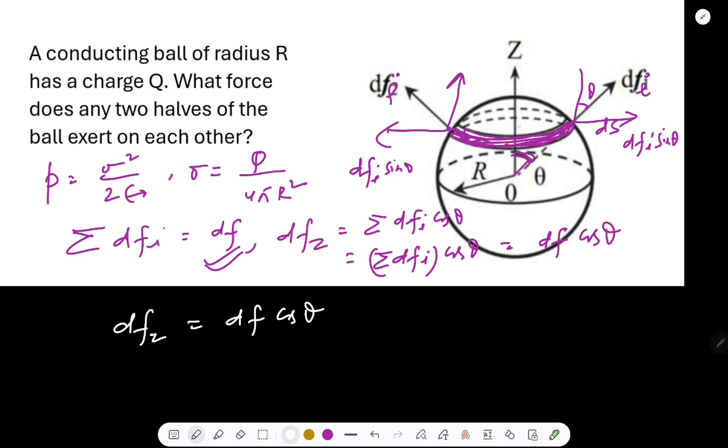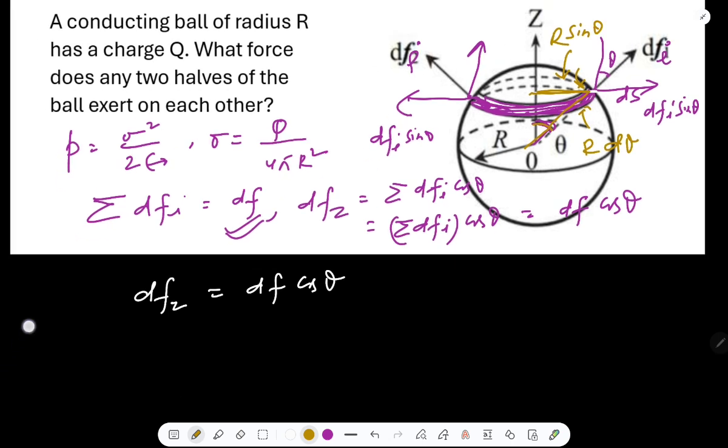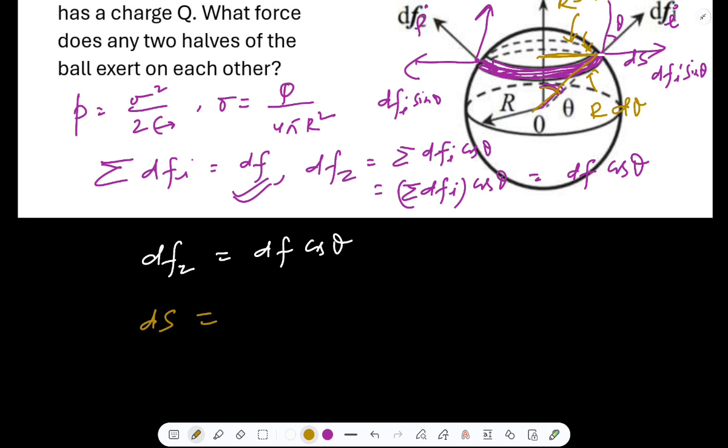The radius of this ring is simply r sine theta, because this length is r and this angle is theta, and its thickness you can write in terms of theta as r d theta, so that ds will be the length of the ring, that is 2 pi r sine theta, multiplied by its thickness, r d theta.